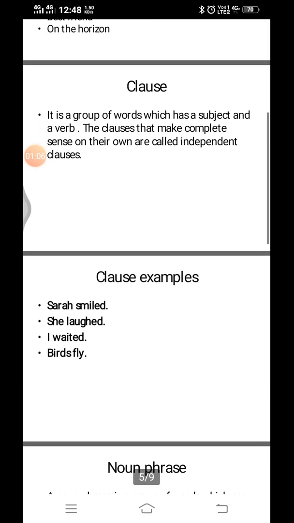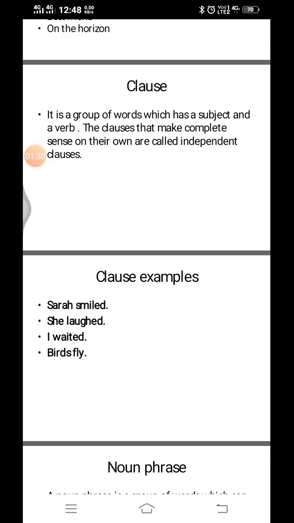So if we move on to clause, a clause is a group of words which has a subject and a verb. The clauses that make complete sense on their own are called independent clauses. Now there are clauses, they make complete sense, they are independent clauses.